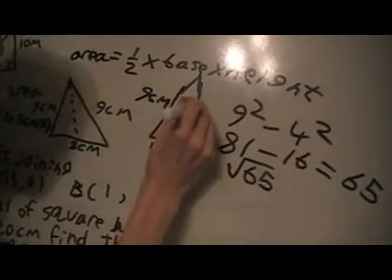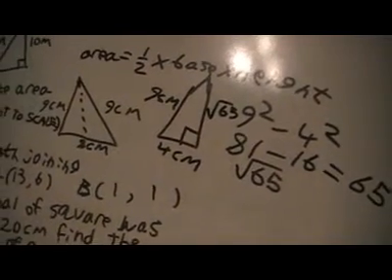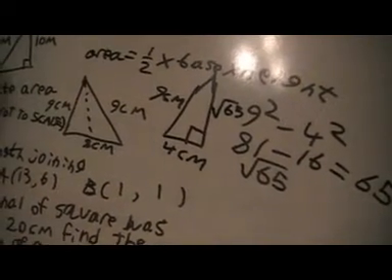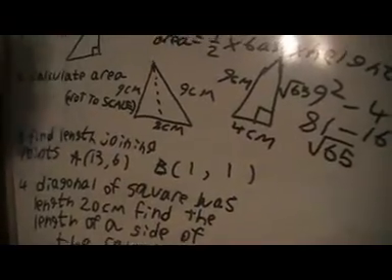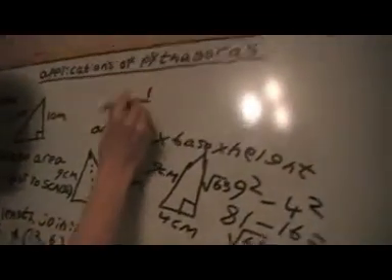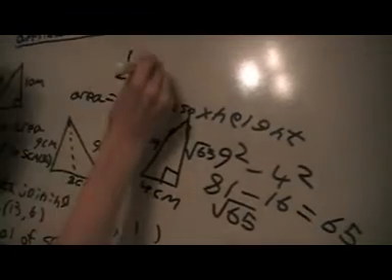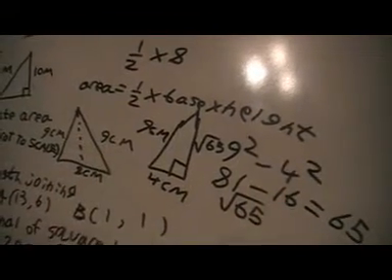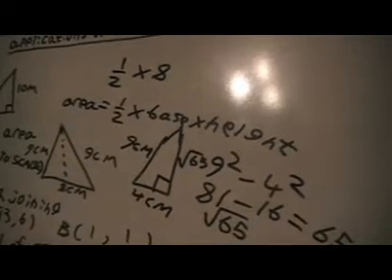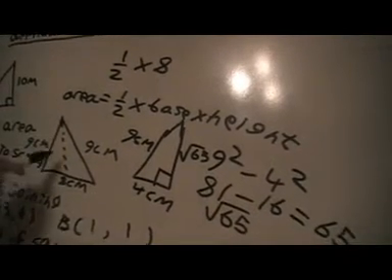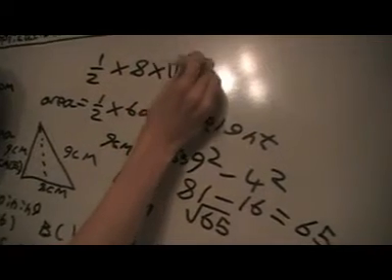So this length here is the square root of 65, whatever that turns out to be. So then you just put it in your formula. We'll get 1/2 times the base here, which is going to be 8, because that's the whole of the base. I've just split that up so that we could apply Pythagoras, because we also need this length here, and then you times that by the square root of 65.